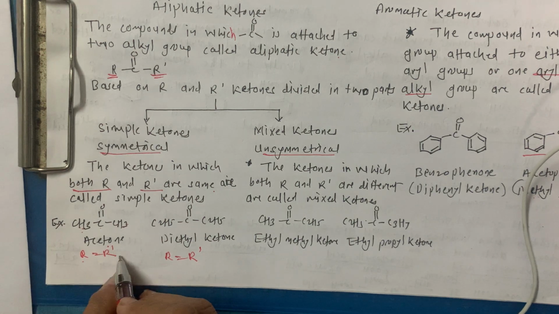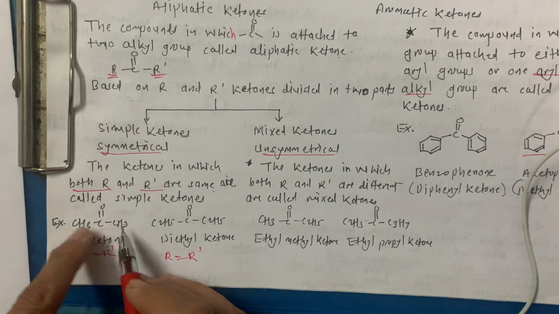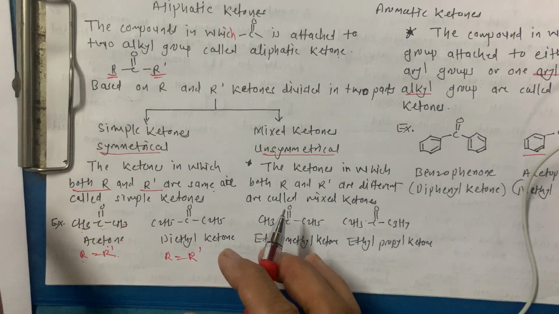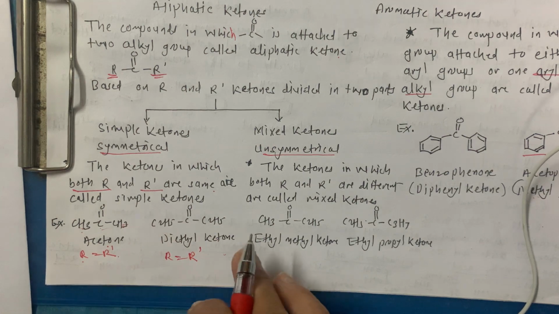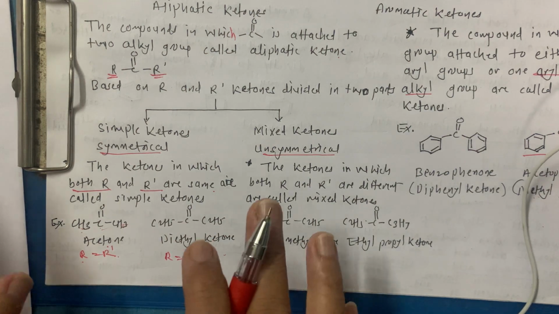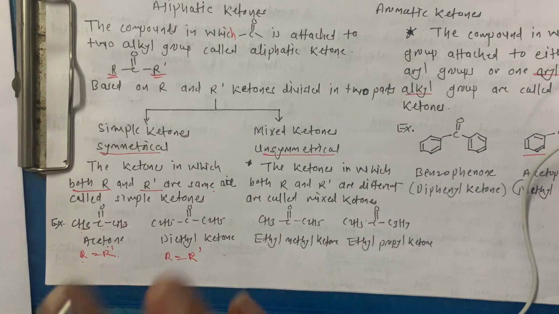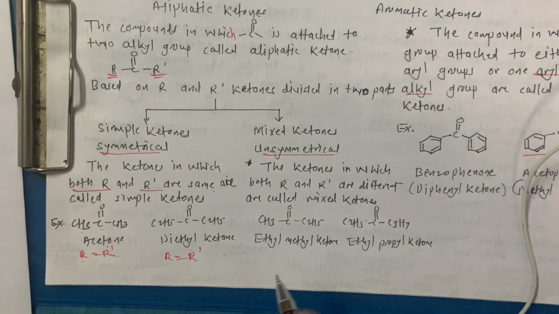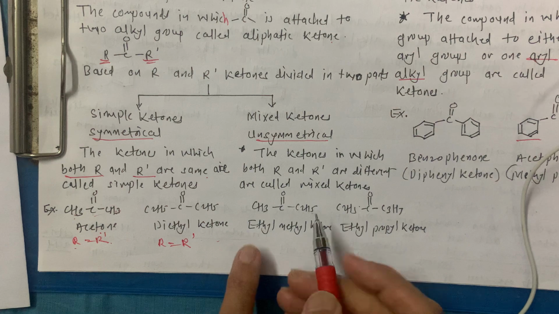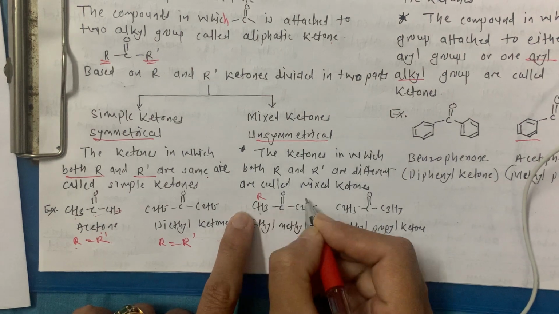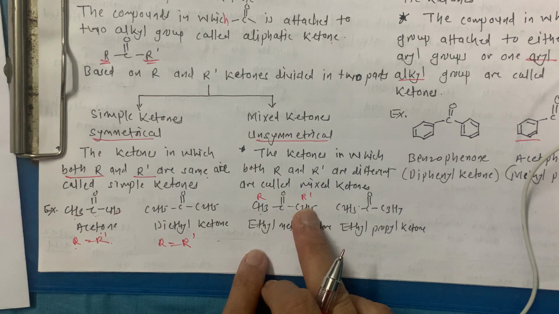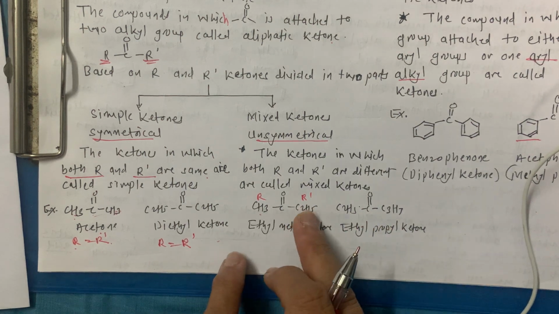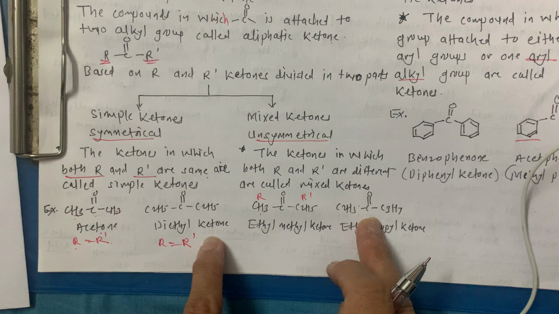So this is R and this is R dash, though both are the same. The R dash indicates one more alkyl group. Is that clear? Now here is the situation where this is R while this one is R dash, one more alkyl group but which is different.